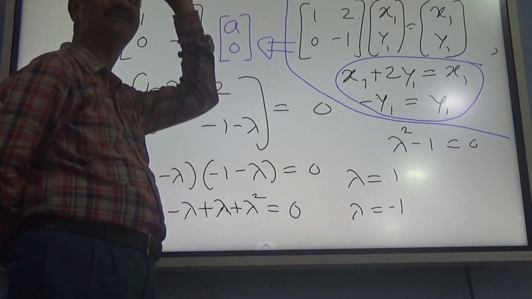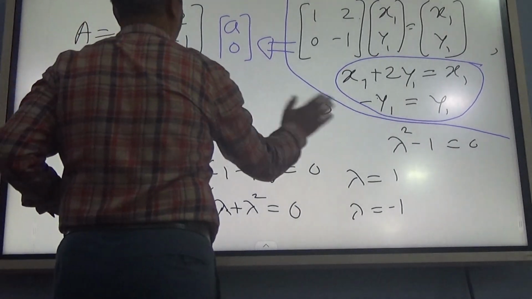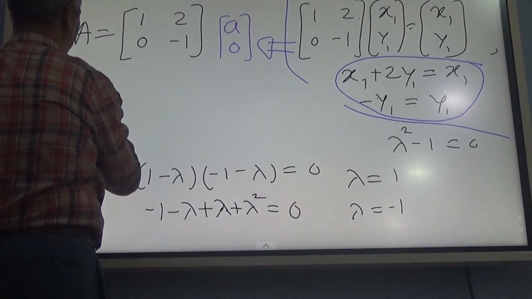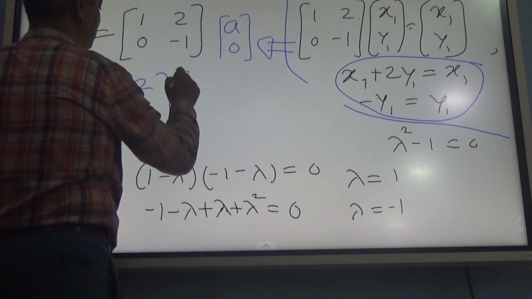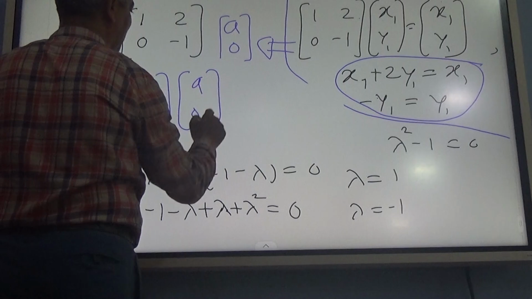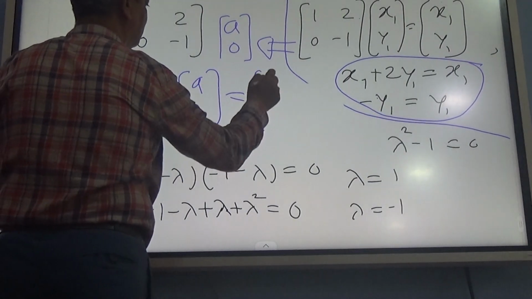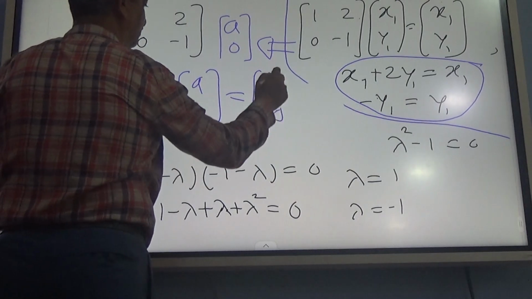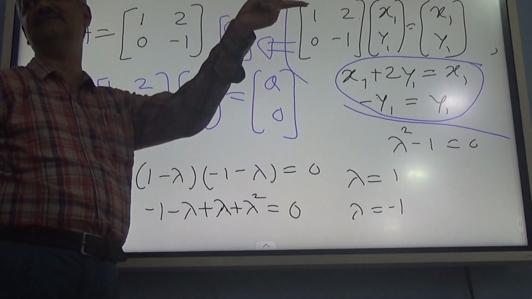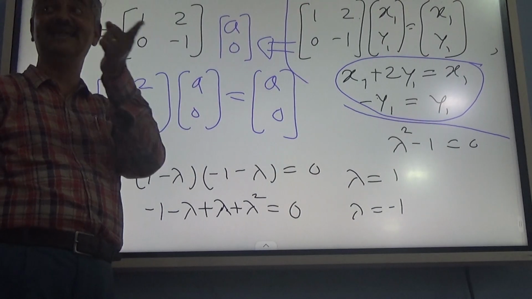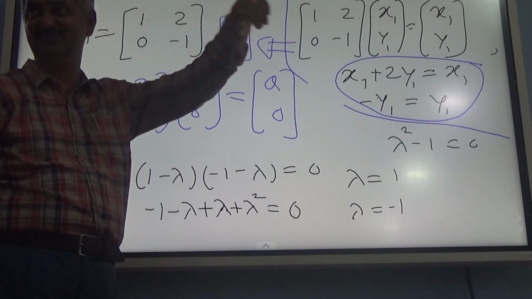So a0 is the answer. Whenever I have [1 2; 0 -1] into a0, I get a0. For any a, I get the same thing. Here lambda is 1, so it is not scaling, same thing.